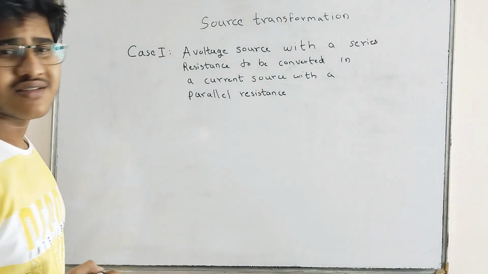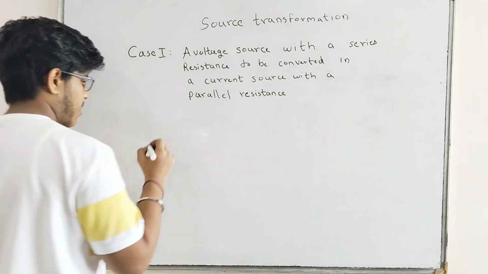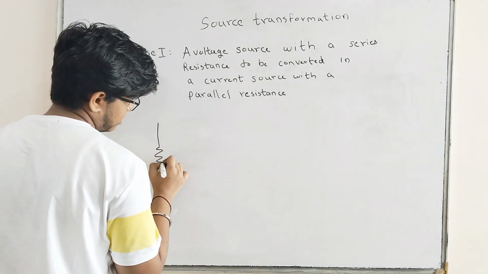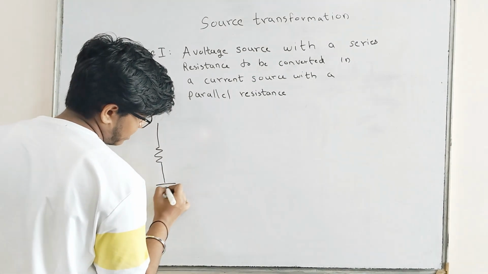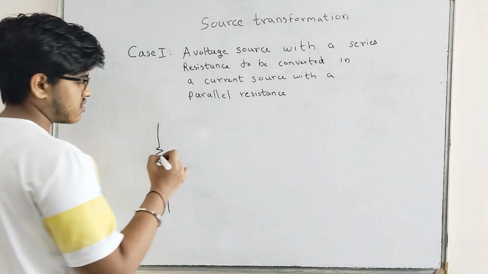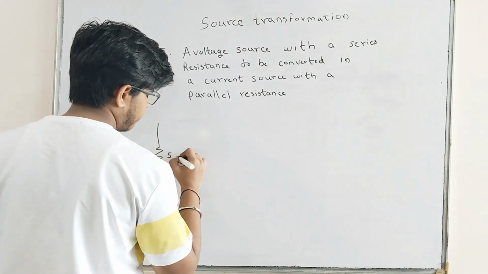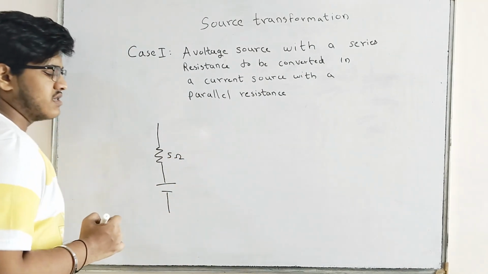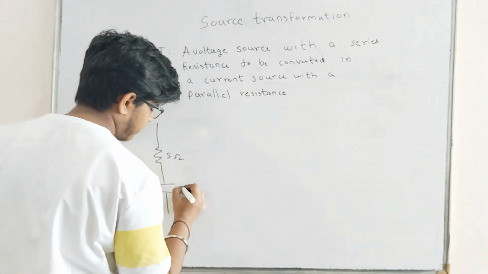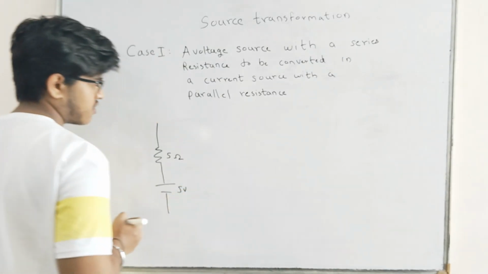Okay, so let us discuss with an example. Consider a circuit in which there is a resistance and a series voltage source. Let the magnitude of this resistance be 5 ohm and the magnitude of the voltage source be 5 volts.